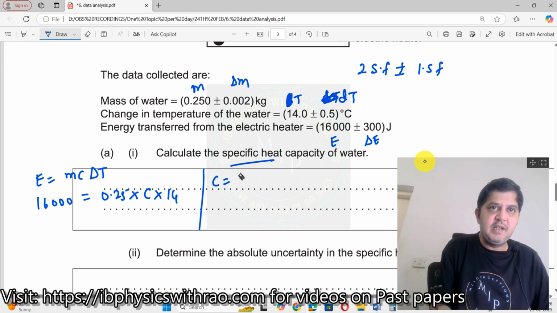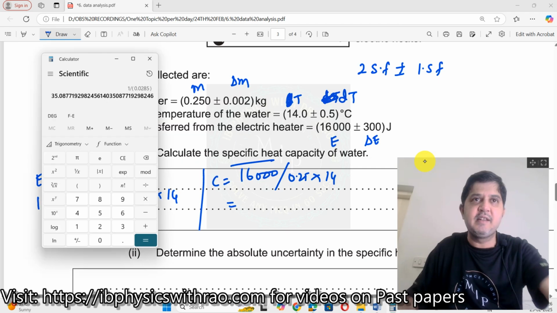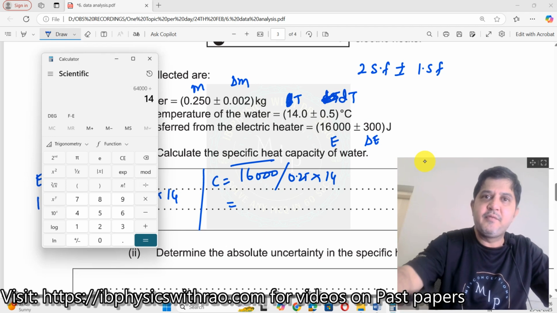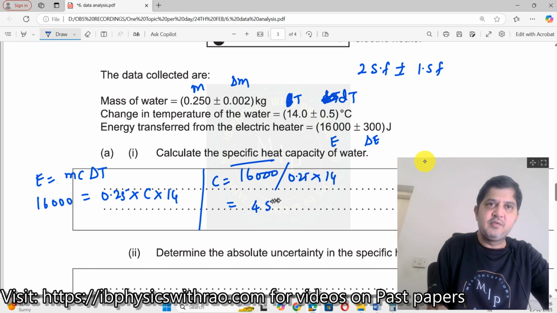C should be equal to 16,000 divided by 0.25 multiplied by 14. Let us calculate this. 16,000 divided by 0.25, divided by 14, is equal to 4,571 joules per kg Kelvin.